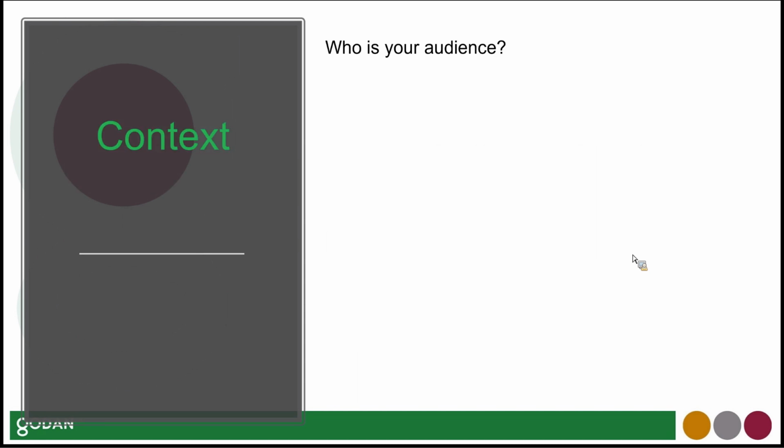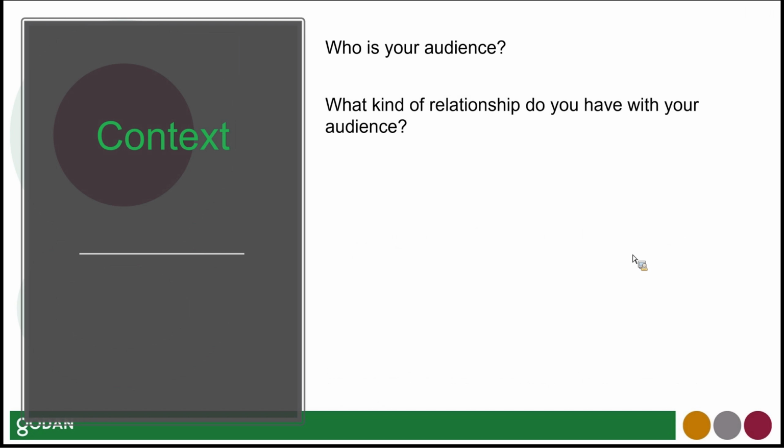Looking at the context now. As I said earlier, you have to know who your audience is. What kind of relationship do you have with your audience? If they are students, or farmers, or community leaders.